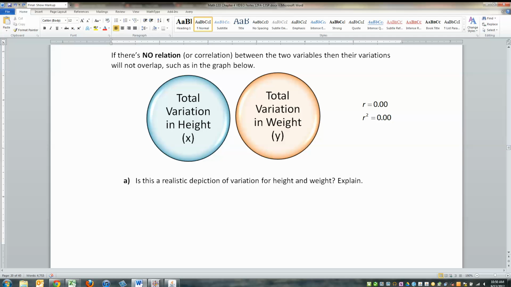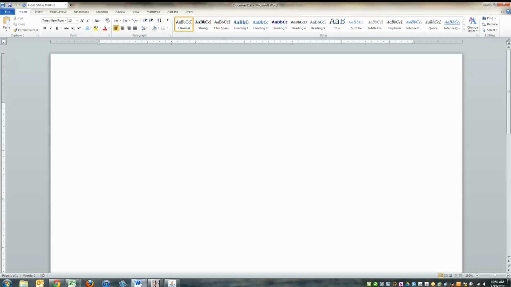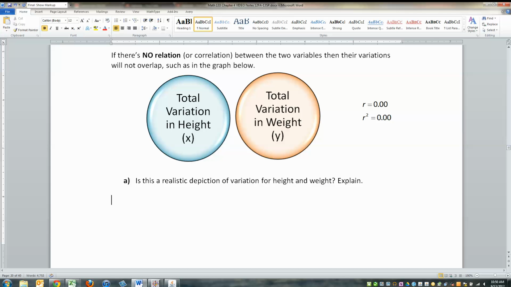So is that a realistic depiction of height and weight? The answer is no, right? People that are taller tend to be heavier. There is a relationship between height and weight.